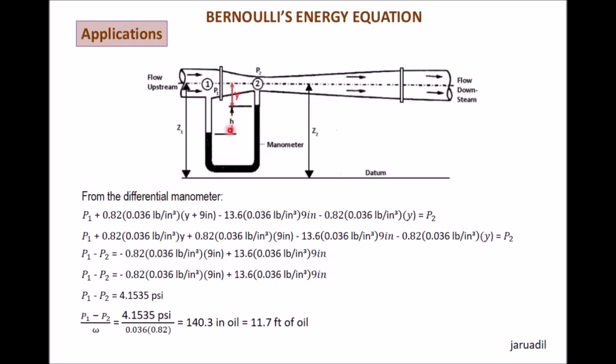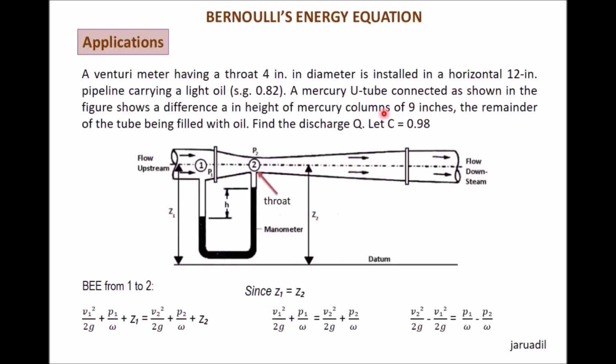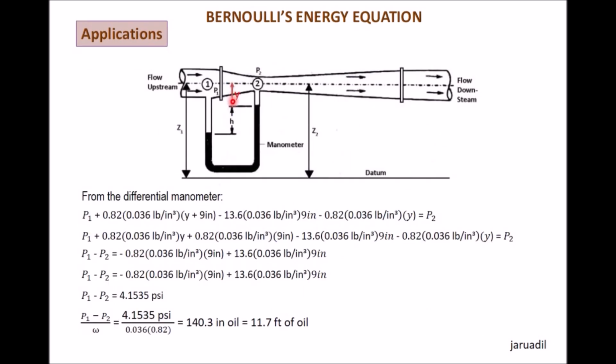This h is given as 9 inches in the problem; the difference in height of the mercury column is 9 inches. Since this distance is unknown, we give it a variable y. So the total distance from this point to this point is 9 plus y, or y plus 9. So this is the equation.